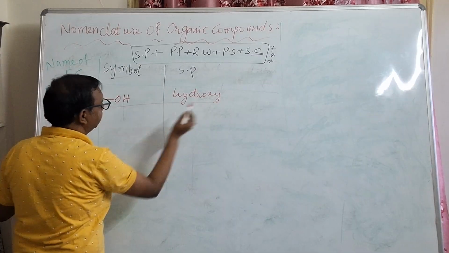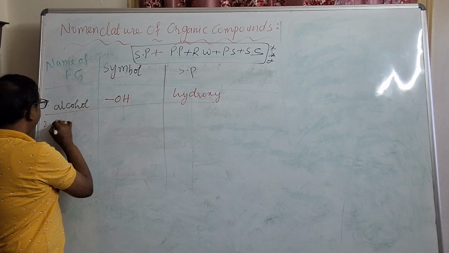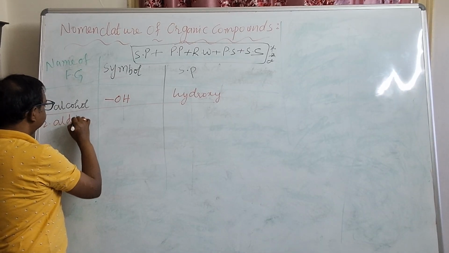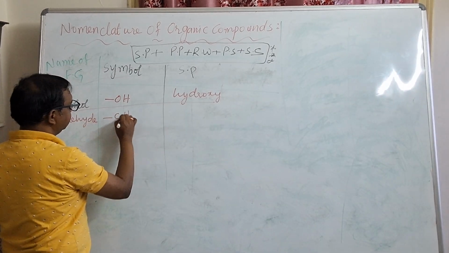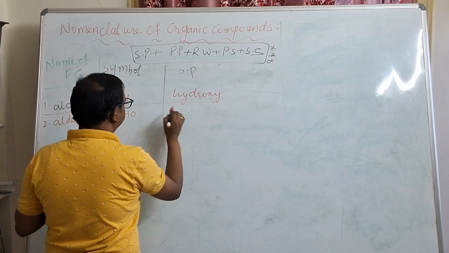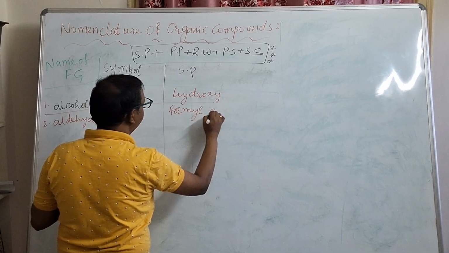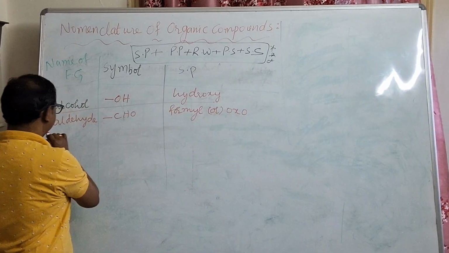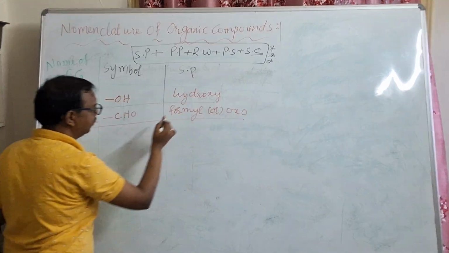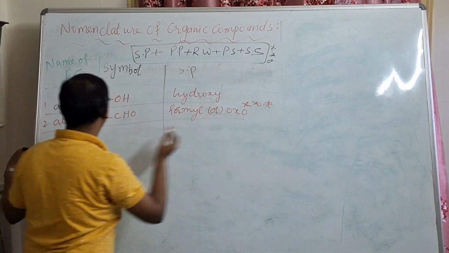Second one, aldehyde. The group is CHO. This is called formyl or oxo. There are two names, when it comes, we'll go through. It is important, keep that in mind, all of you.